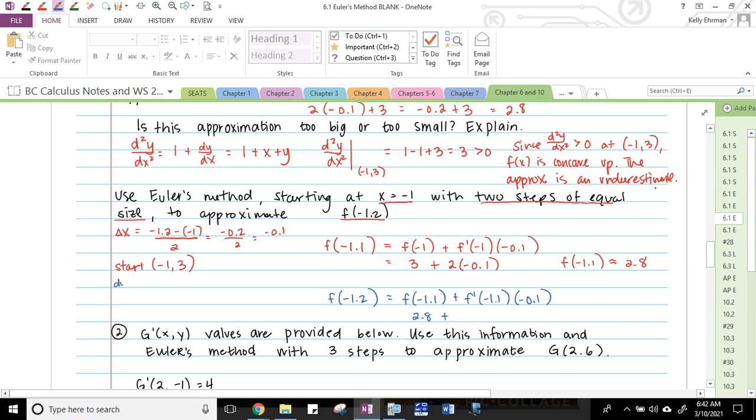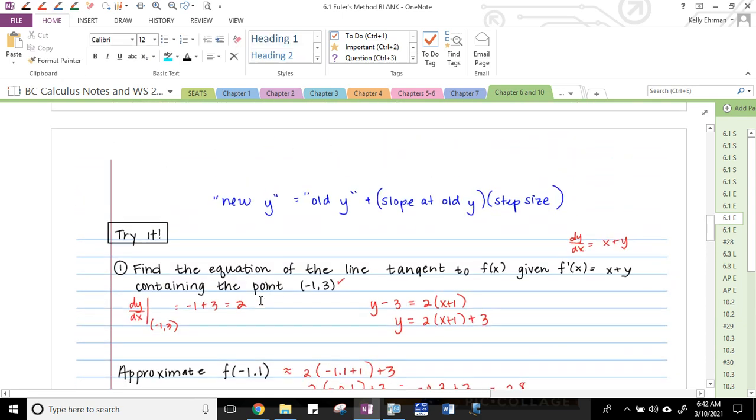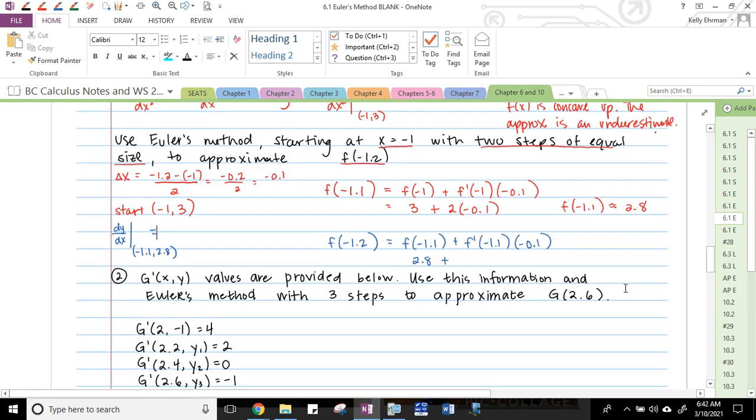That's what I was starting to find over here, but I got ahead of myself. Remember, the ordered pair is negative 1.1, 2.8, and the formula for dy dx is just x plus y. So negative 1.1 plus 2.8 is 1.7, times negative 0.1.